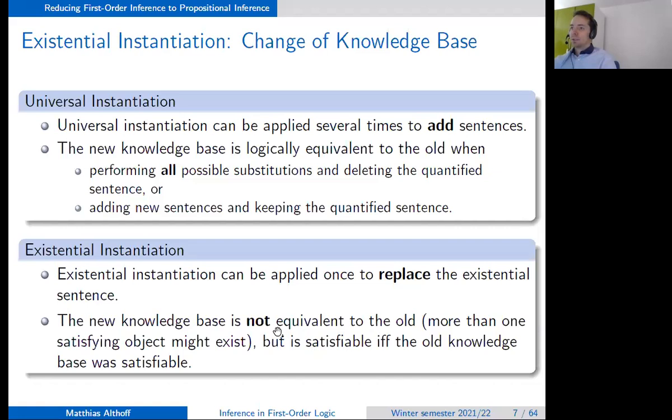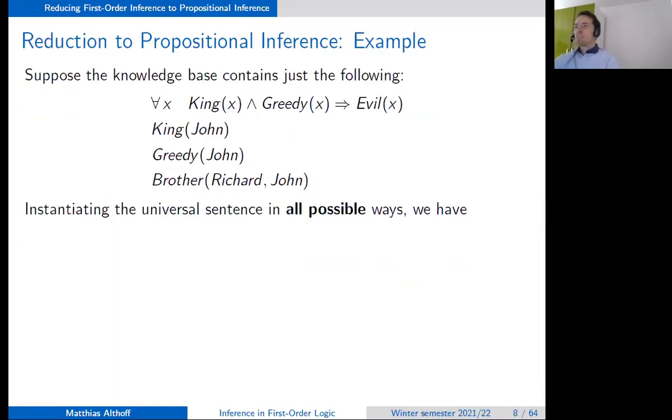So, okay. Here's an example. Suppose we have this knowledge base where we say, for all x, if x is a king and x is greedy, that implies that x is evil. Then we know that John is a king, John is greedy, and Richard is the brother of John.